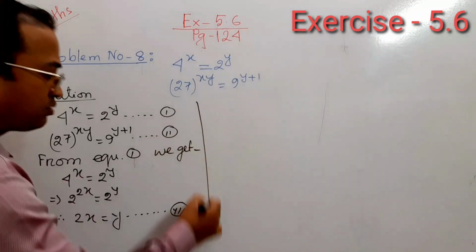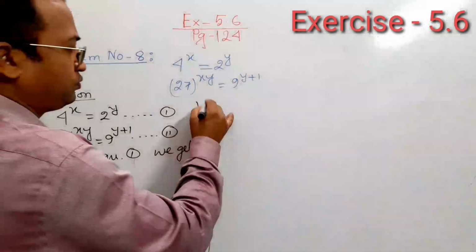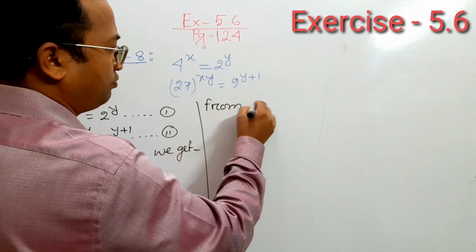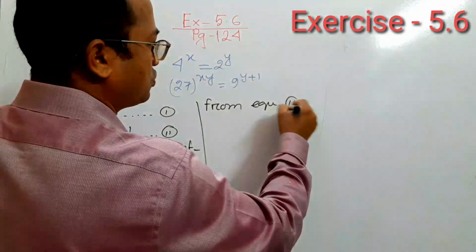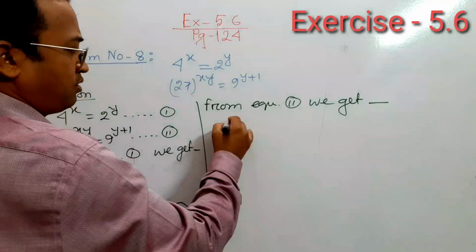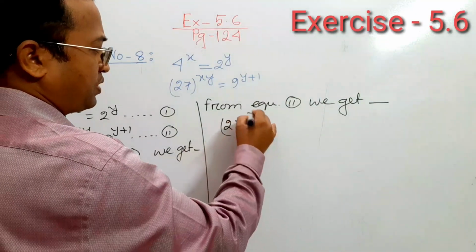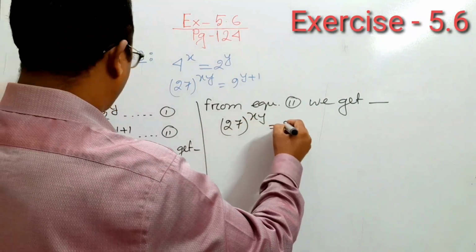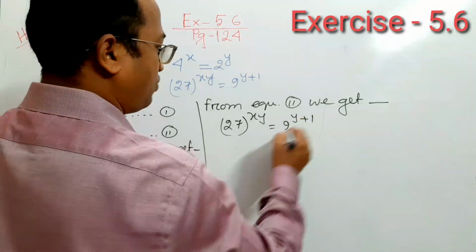Now from equation number 2, it is given 27 to the power xy equal to 9 to the power y plus 1.